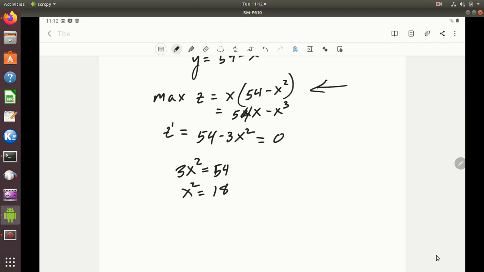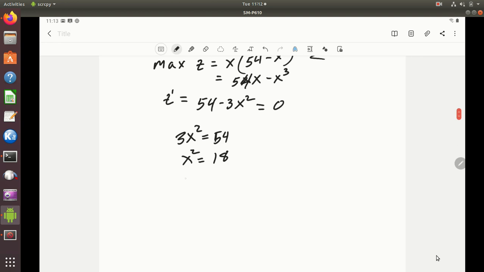Is that right? Yeah. And so x is equal to plus or minus the square root of 18, and that's the square root of 9 times 2, so that's 3 times the square root of 2.